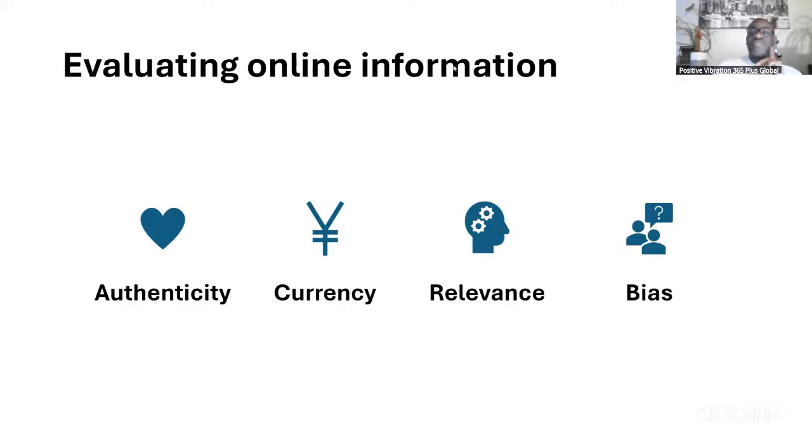One, we want to make sure it's authentic and accurate. Is there a difference between accurate and authentic? I don't think so. You want to make sure it's current, that it is also relevant, and you also want to make sure that it is free of bias.